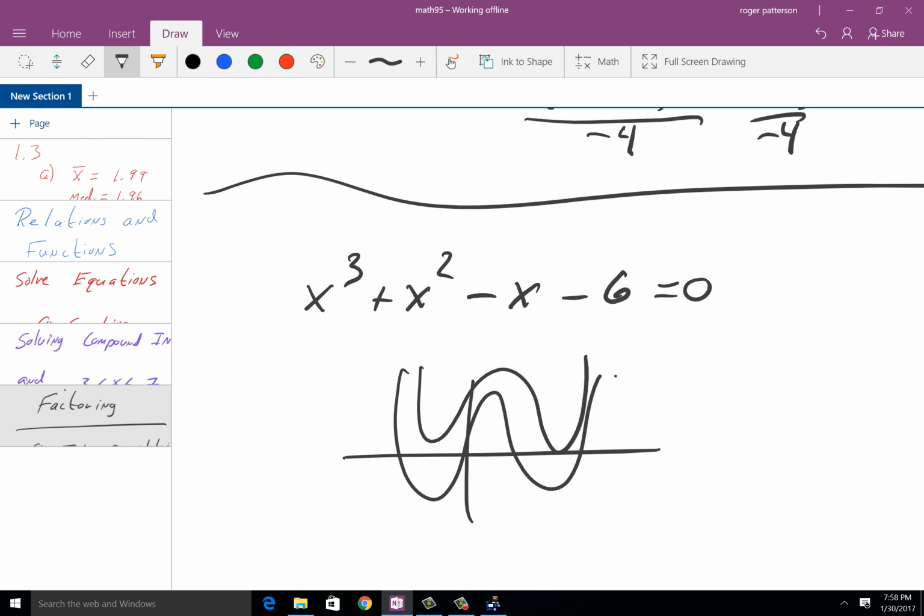Alright? So that would be my one. So I'm going to stop, take a look at it, and see if it stopped it. Oh, it did stop it, but it didn't stop it way up here. So maybe we should try something bigger. Let's try 6. See what that does.